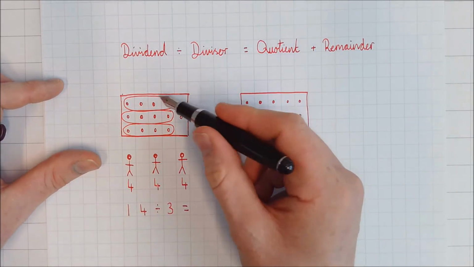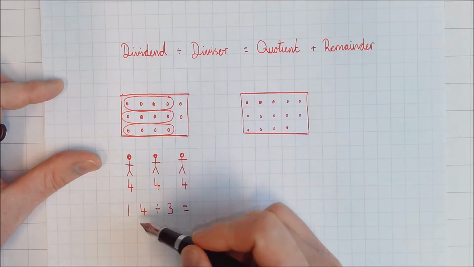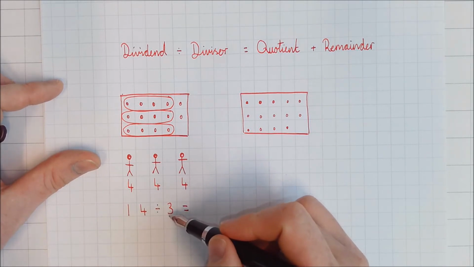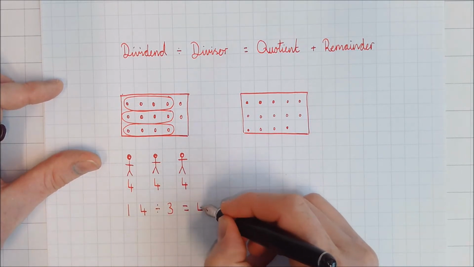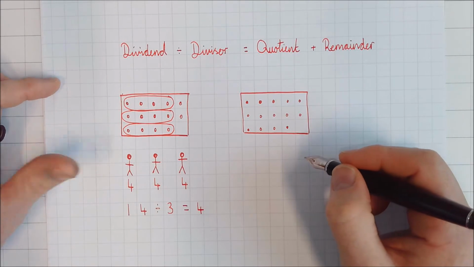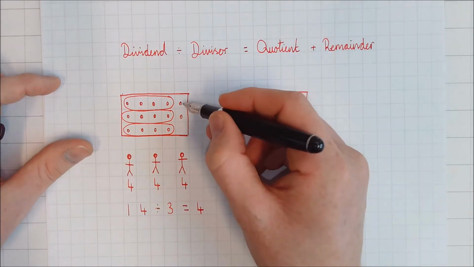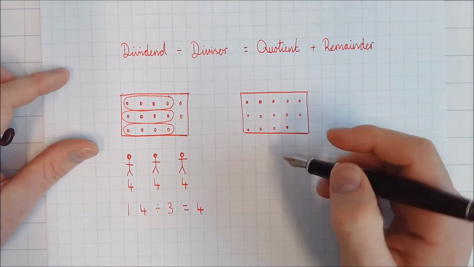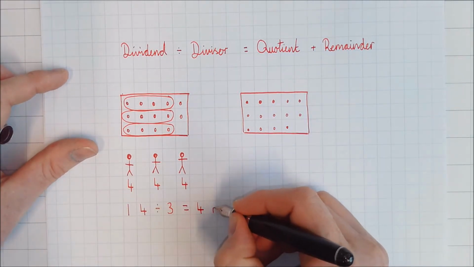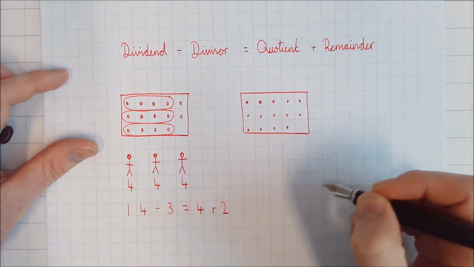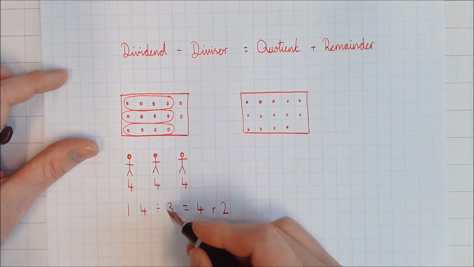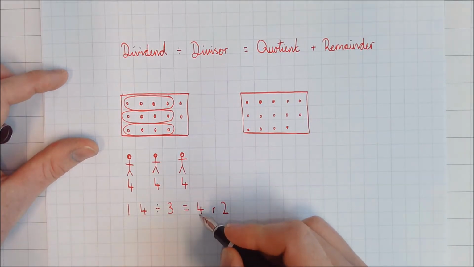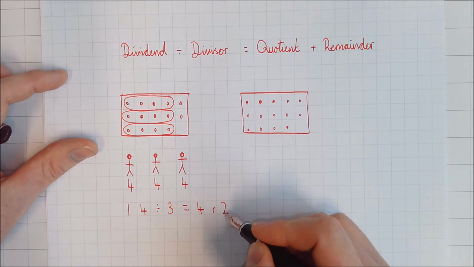So if we take our box of chocolates with 14 chocolates and we split it into 3 equal groups, each group will have 4 chocolates in it. However, we had 2 that we could not share fairly or evenly. That is our remainder. So we put remainder 2. So we'd say 14 divided by 3 is 4 remainder 2.